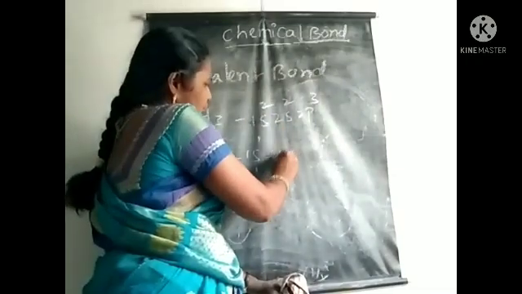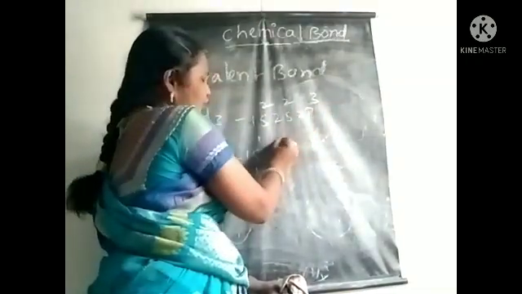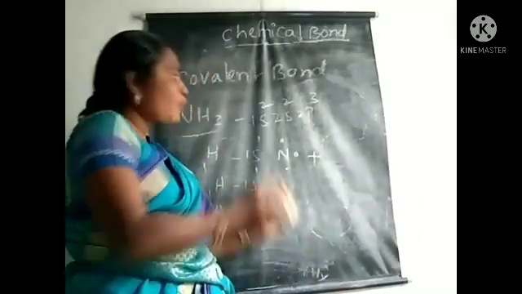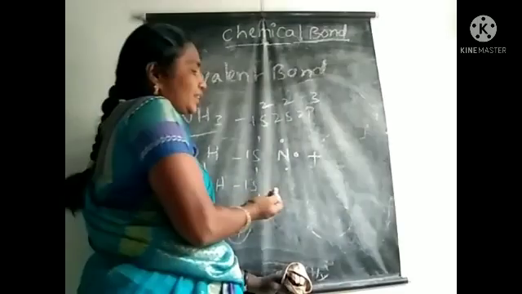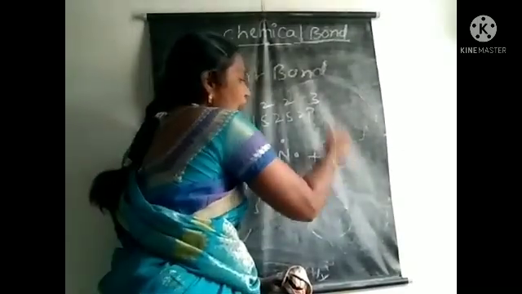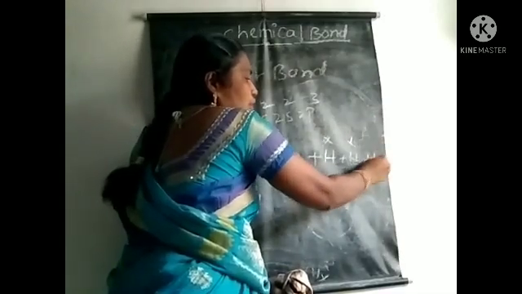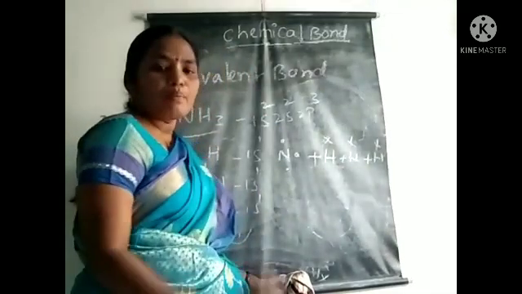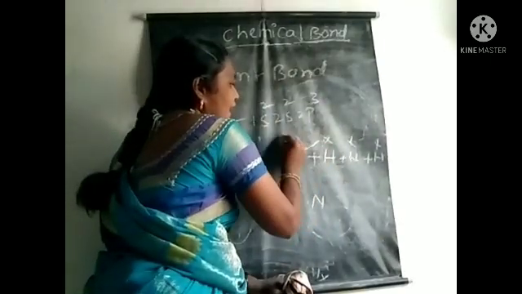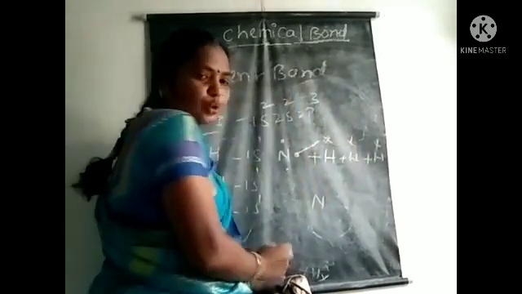Here nitrogen contains 3 electrons in the outermost shell: 1, 2, 3. Observe children, the diagram is congested, but our situation is like that. Hydrogens contribute 3 electrons: 1, 2, 3. Bond formation takes place between these 3 electrons and these 3 electrons.